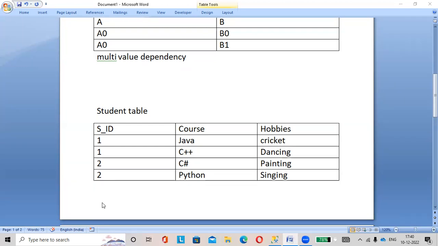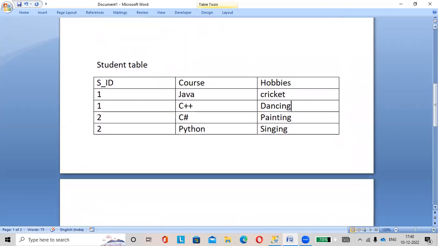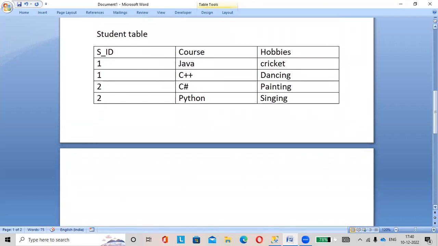What do we need to do now? We need to decompose the table. Multi-valued dependency occurs due to bad database design. Why does multi-valued dependency occur? Due to bad database design. While fetching the information also, it will lead to problems. So what do I need to do now?